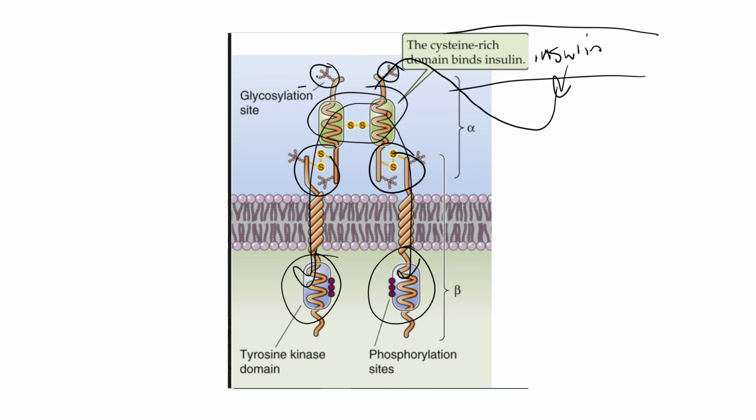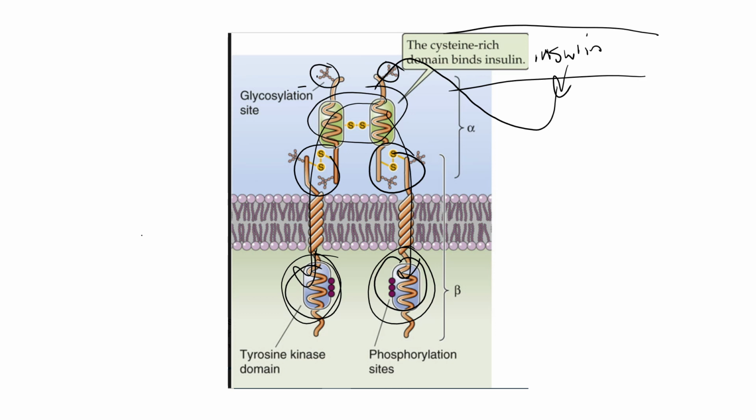So let's talk about what those tyrosine kinase domains do. As I've said before, oftentimes the insulin receptor will be called tyrosine kinase receptors, but in reality, the tyrosine kinase domain is just on the intracellular side of the beta subunits.